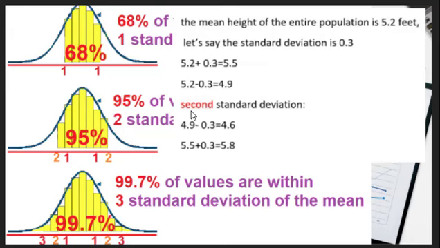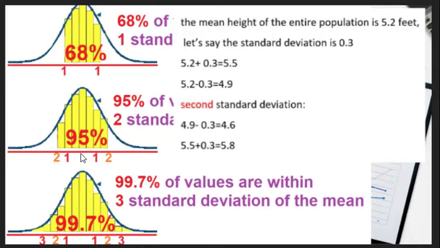If you go two standard deviations from the mean to the right and two standard deviations to the left, 95% of the entire population will fall within this range, which would be 4.6 and 5.8. That is the second standard deviation.